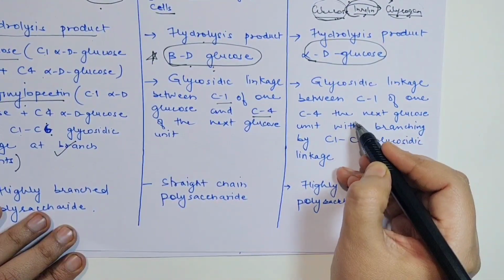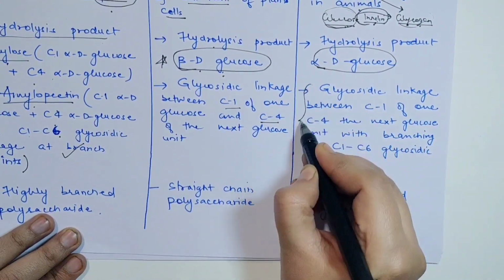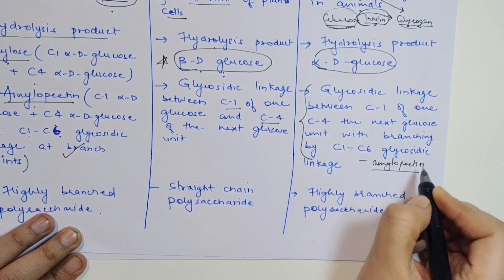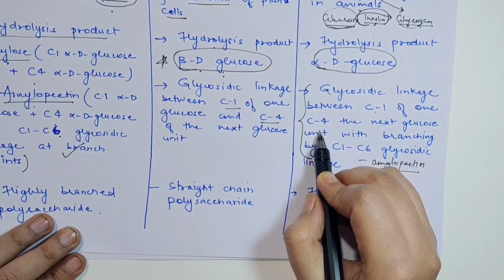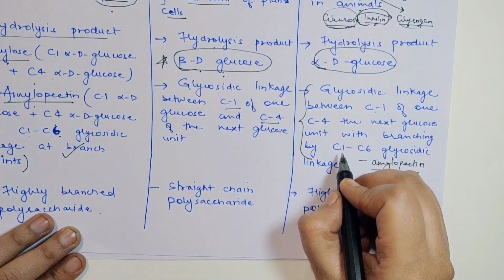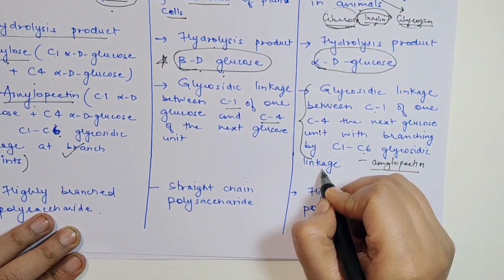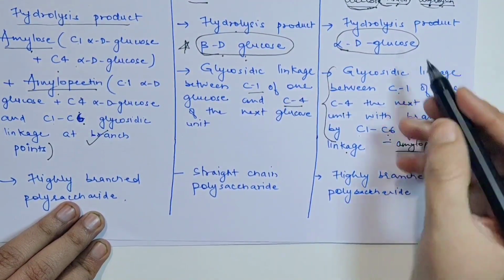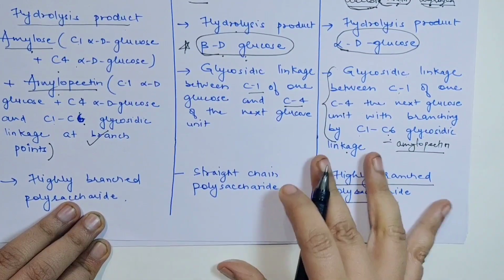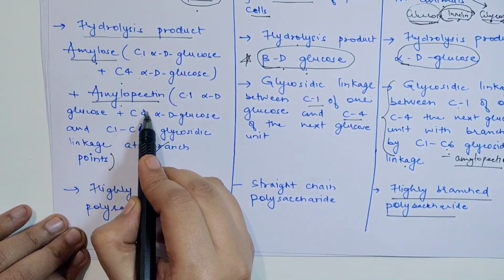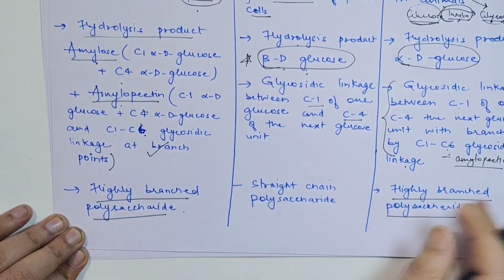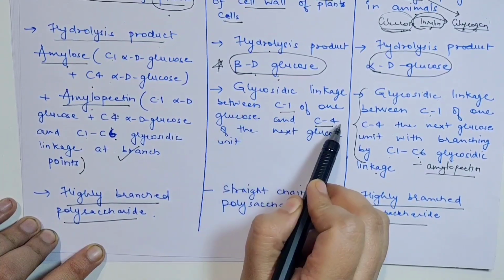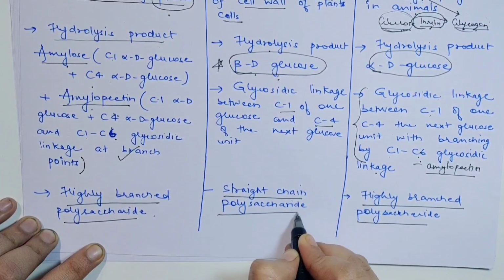Here, since glycogen's structure is very much like amylopectin, it also has C1-C4 linkage normally, and at branch points it has C1-C6 glycosidic linkage. Now since this is like amylopectin and amylopectin was branched, this means that glycogen is highly branched. Starch, since it's mostly amylopectin, is also highly branched. Cellulose, since it has only C1-C4 linkage and no C1-C6 linkage, is a straight chain polysaccharide.